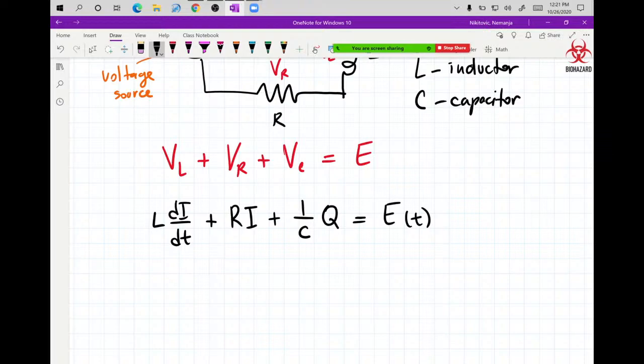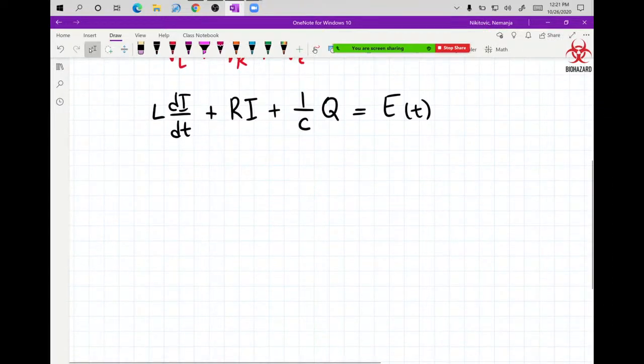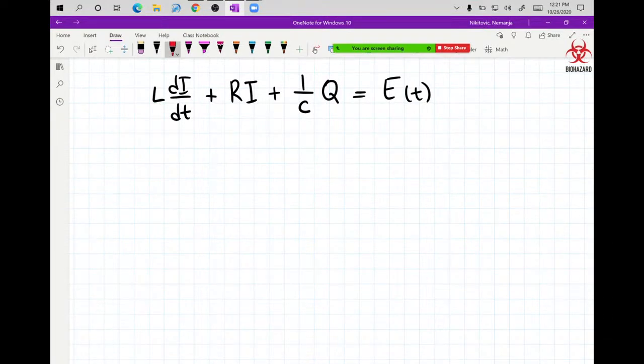Now, I mentioned current twice. What is current? I told you already that the current is the flow of electrons through the wire. But current, I as a function of time, is the change of charge in time.